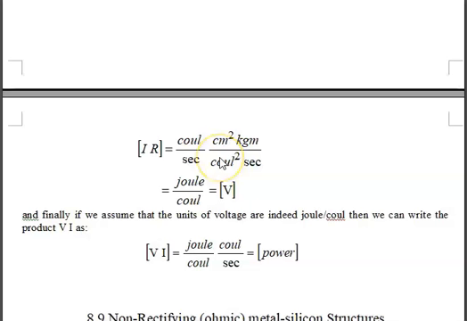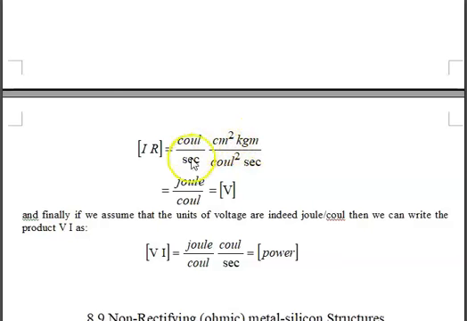And I get, what do I get? I get joules per coulomb. Coulomb cancels out here, so I get coulomb on the bottom. And what I have left over is kilograms per second squared. I should say kilograms centimeters squared per second squared. Centimeters per second squared is acceleration.